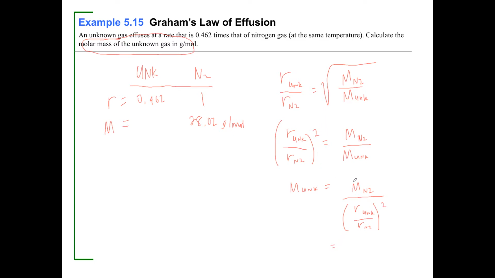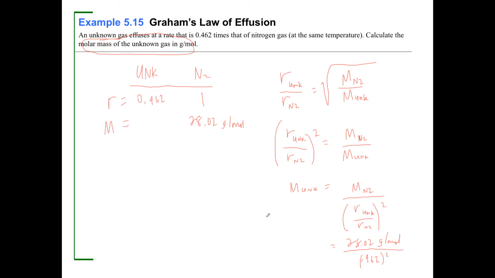This is easy. Now the molar mass of nitrogen gas is 28.02 grams per mole, divided by 0.462 over 1, squared.